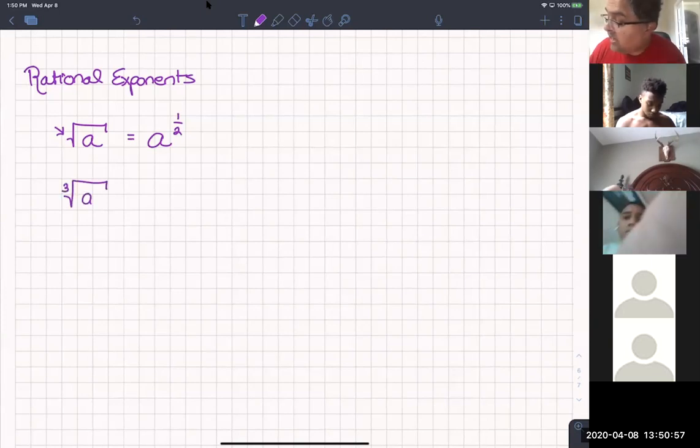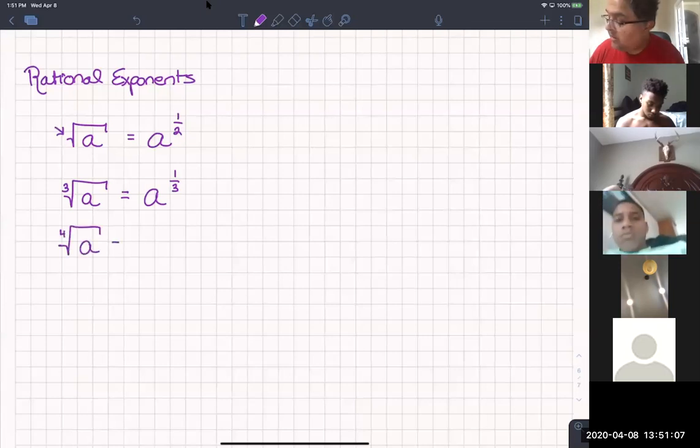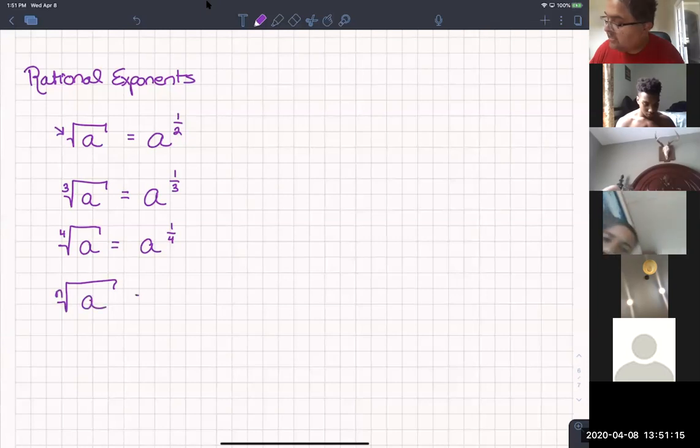A cube root is written like this, and a fourth root is written like this. So the general formula is if you have a radical with an index, it is the same as 1 over that index.